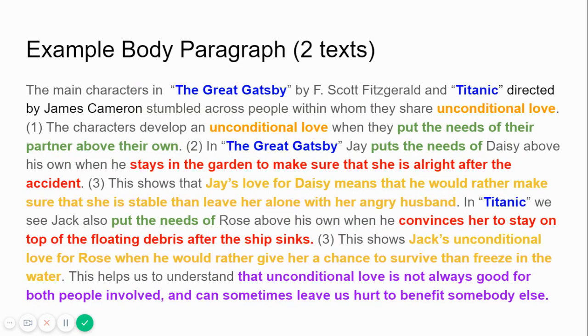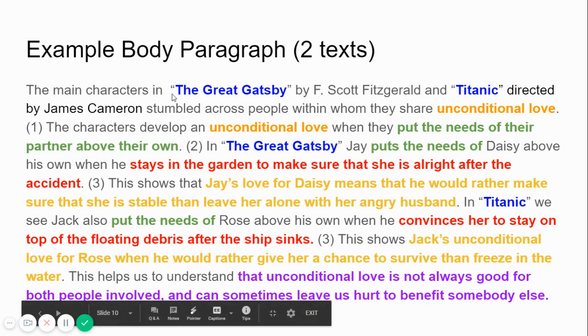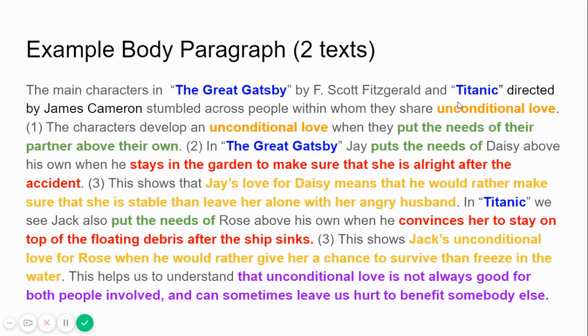We've also included an example paragraph for two texts, this time including Titanic, and we've shown you here that there is an opportunity to go back and forth between certain aspects of the paragraph structure. So in the first sentence, instead of just identifying the one text, you might identify both.